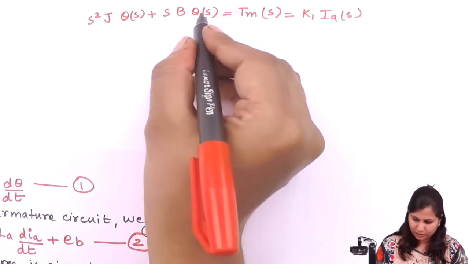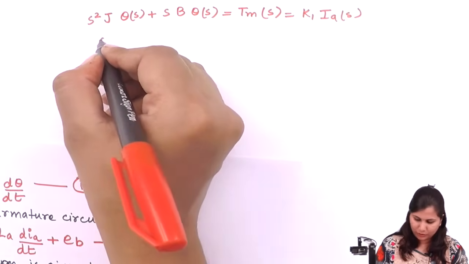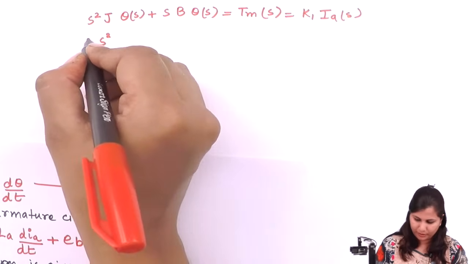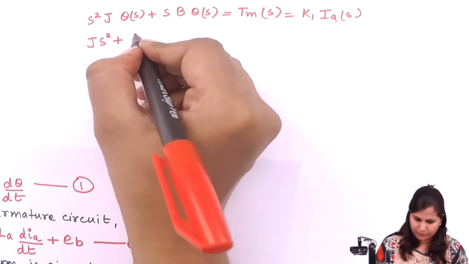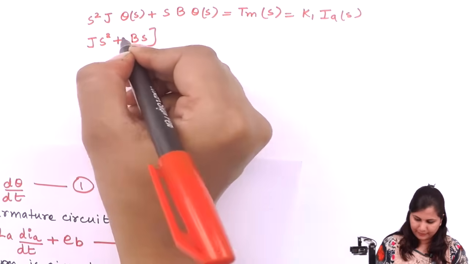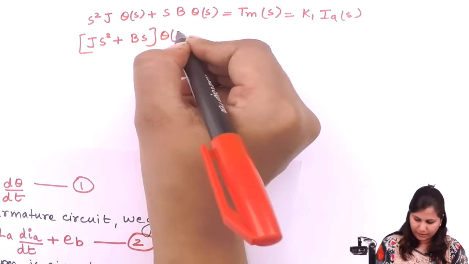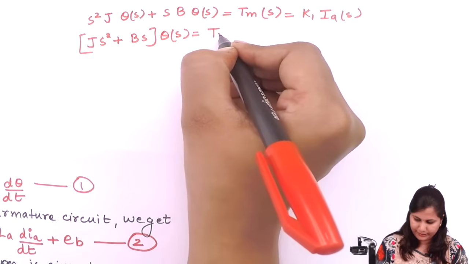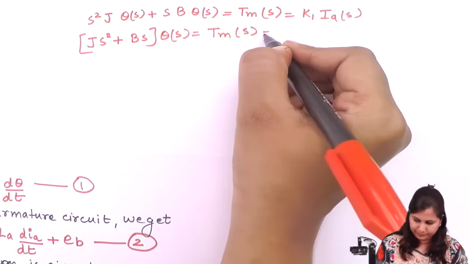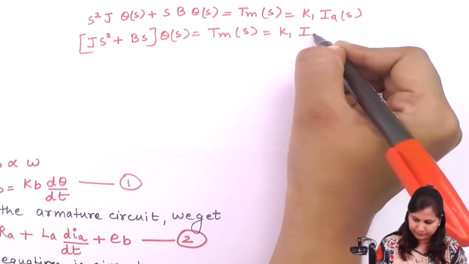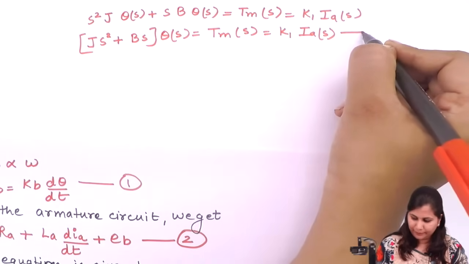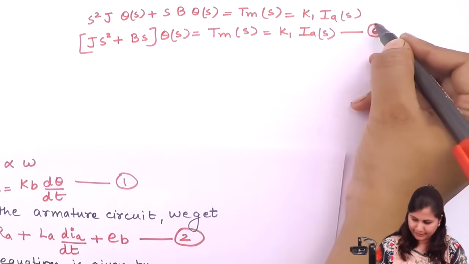So if we take theta S as common here, it will be (J S square plus B S) theta S equal to Tm. Number this equation as sixth.